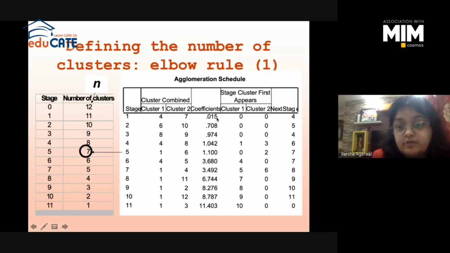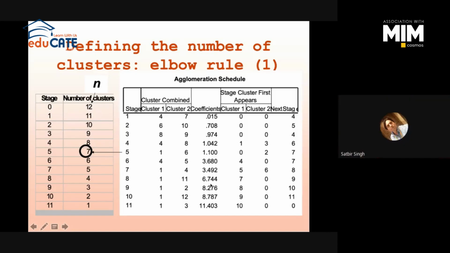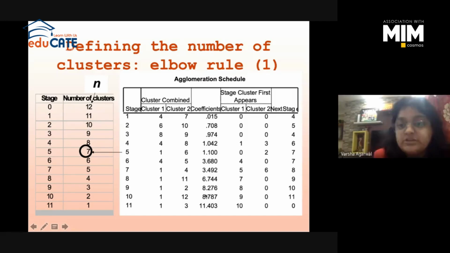First one is 0.015, then 0.708, then 0.974, then 1.042, 1.1, 3.6. So where is the point where you see for the first time the distance is high? That point you need to highlight. I think at 3.680. So this will be analyzed through your elbow rule.